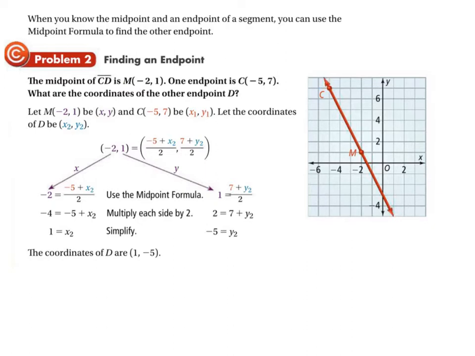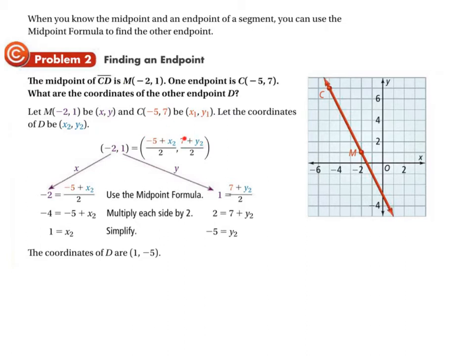Well, first of all, let's say that the set of coordinates we know, -5, 7 for C, is x1 and y1. Because we know that the formula is x1 plus x2 over 2, we can put in x1, -5 there, but we don't know x2. This is a variable that we don't know. But let's do the same for the y's.